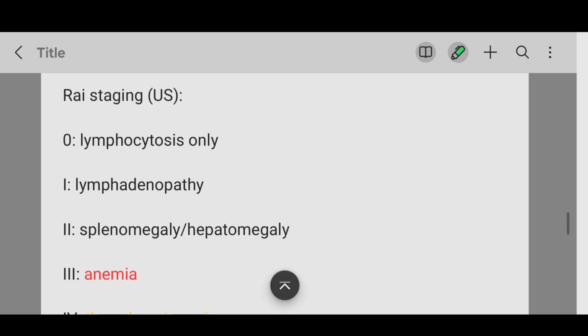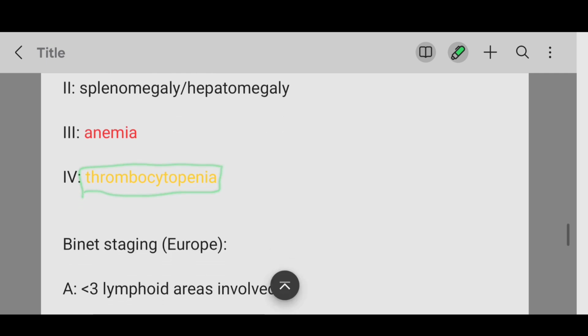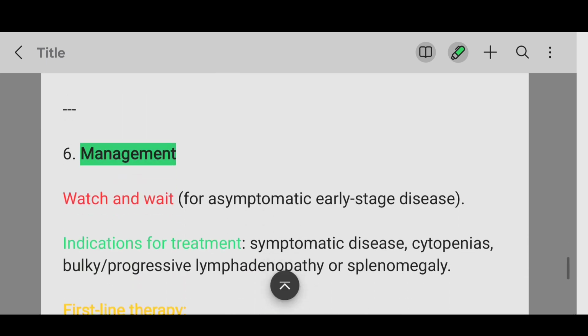So it has 5 stages, but the first stage starts with stage 0. The Binet staging, that is the European system, is not widely used.